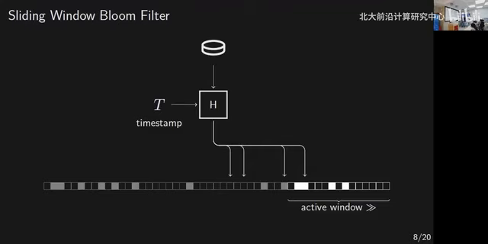So this makes it rather useless as a membership test because you would need to know the position of the active window at the time that the member was inserted. So unless you know when the item would be inserted, if it had been inserted, then you can use it as a membership test. But if you don't, it's not very useful as a membership test. But that's okay because we can record that timestamp.